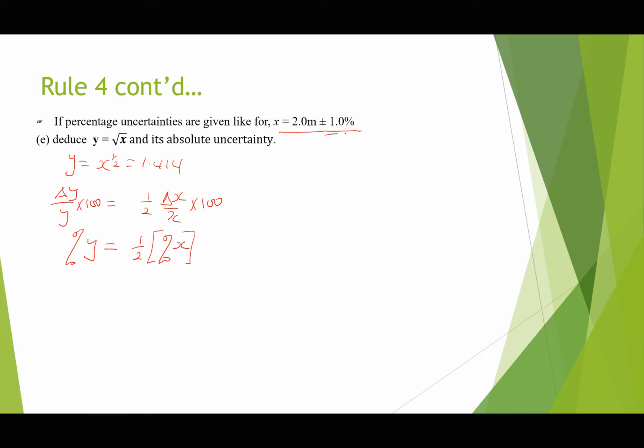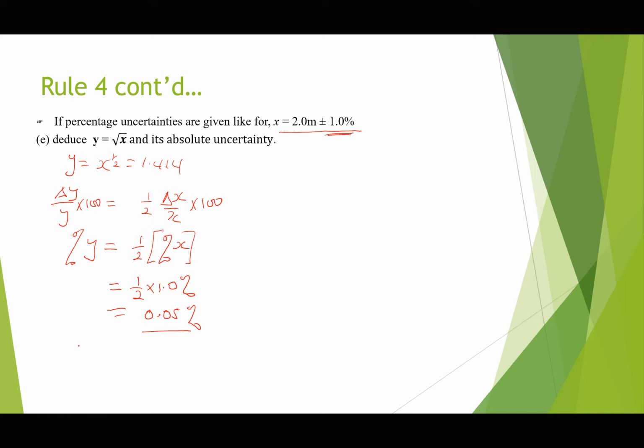And they have given us the percentage uncertainty in x as 1.0. That means the percentage uncertainty in y will be a half. Remember, a half was the power. So this will be a half times 1.0%, which gives you 0.05%. Therefore, that will be the percentage uncertainty in y. If the absolute is required, I have to take it back to absolute.